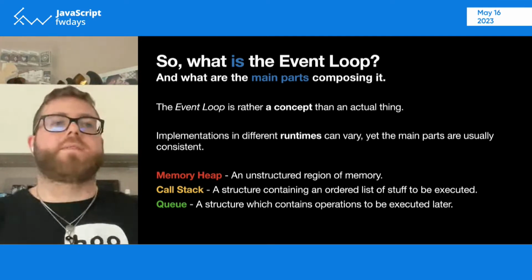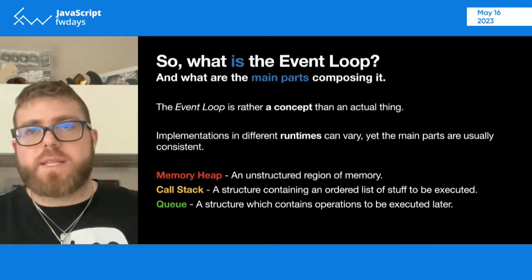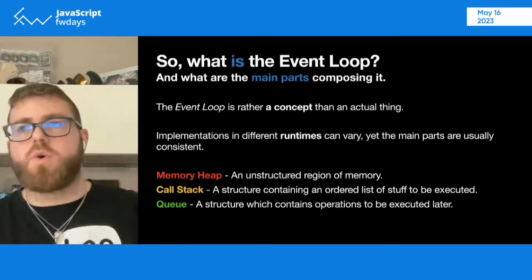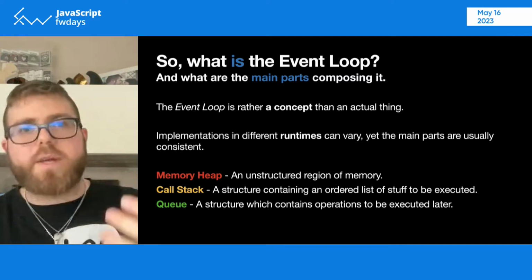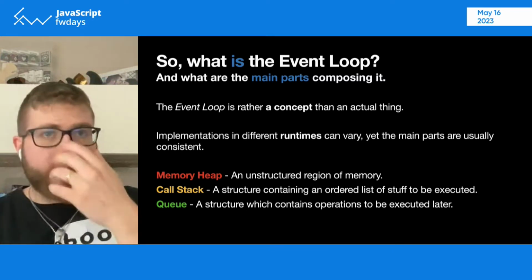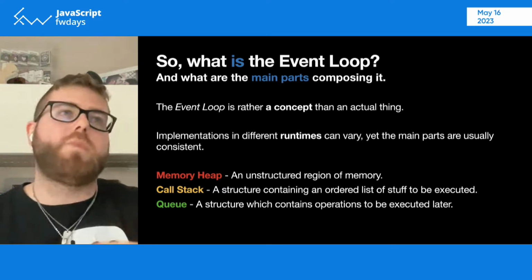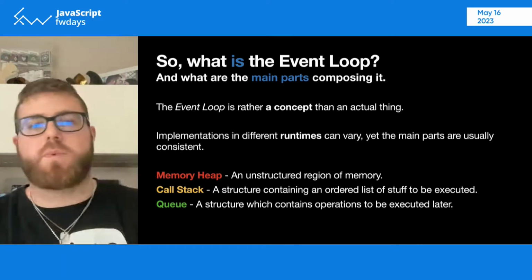Let's simplify it this way. Queues vary between runtimes, but are usually filled with timeouts, asynchronous calls, event listeners, so whatever is not immediate and doesn't have to be executed at this exact moment. So it doesn't have to be put exactly in the call stack, or the stack as we want to call it.